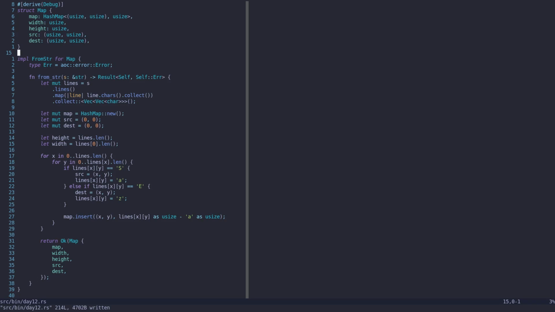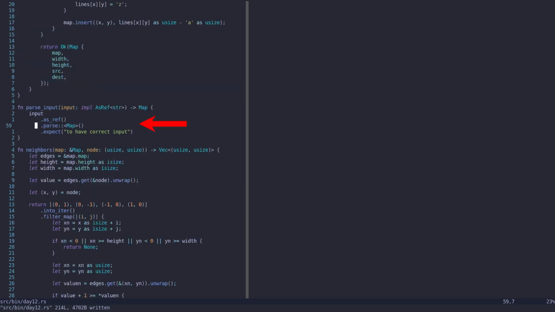And also, to figure out the starting position, I looked for the capital S and marked that XY pair as the source, and capital E as the destination point. So basically, to parse the input, I just used the implementation of from_str for the map structure.